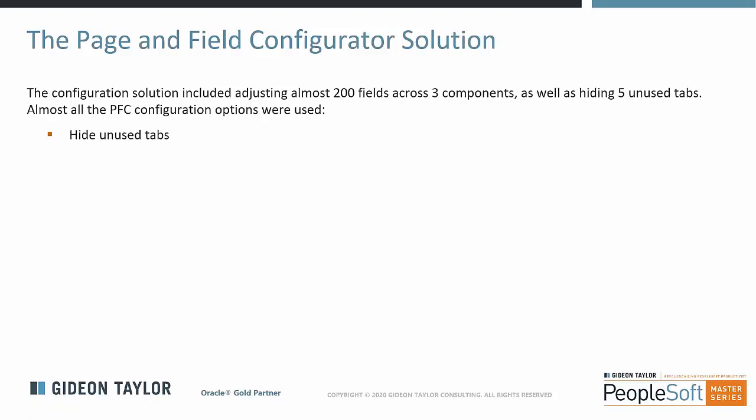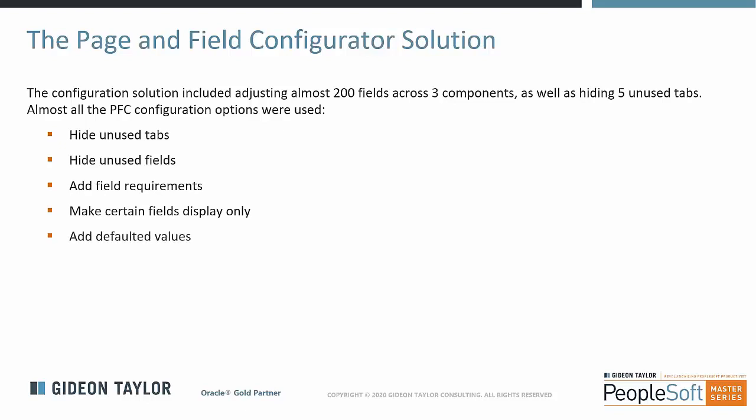We hid unused tabs, we hid unused fields, we added field requirements, we made certain fields display only, we added defaulted values, and then we enabled alternate displays based on user role. So again, the undergraduate curriculum coordinators were the only ones that could see all of these new configurations in what I call an alternate display.